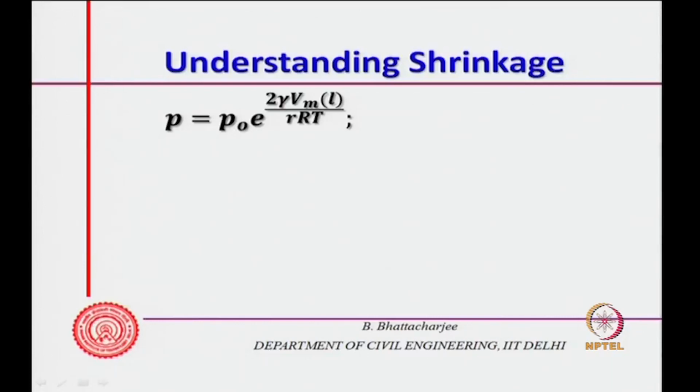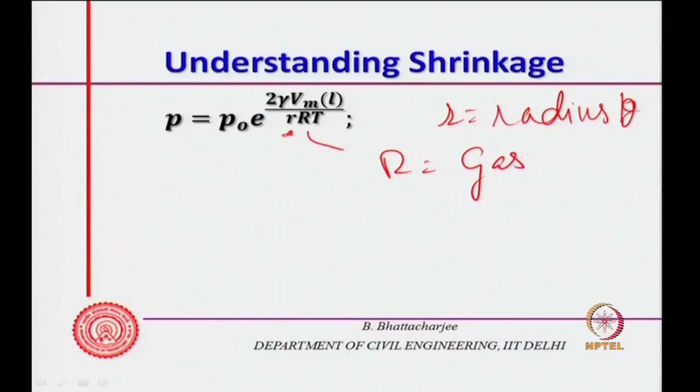We replaced the pressure dP by 2 gamma by small r. I am writing small r for the radius, because capital R is the universal gas constant. So, small r is the radius of the capillary.